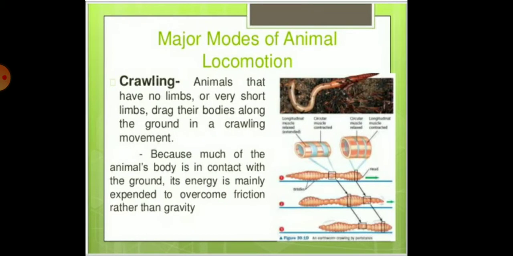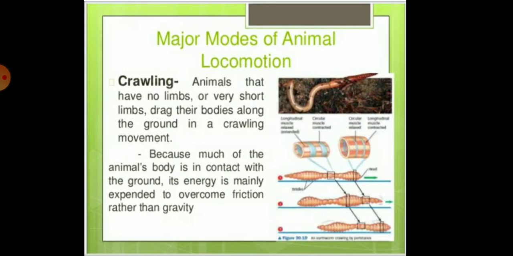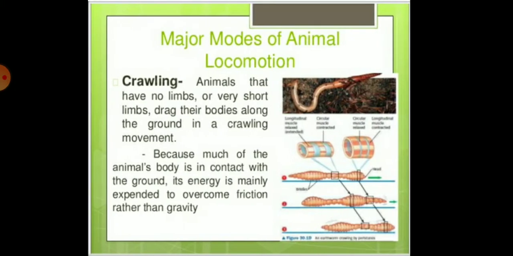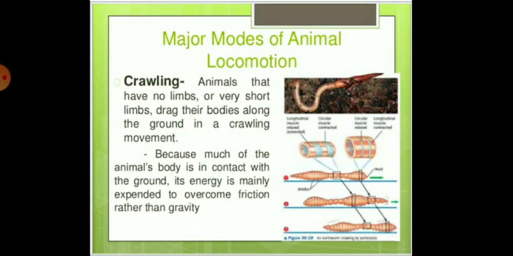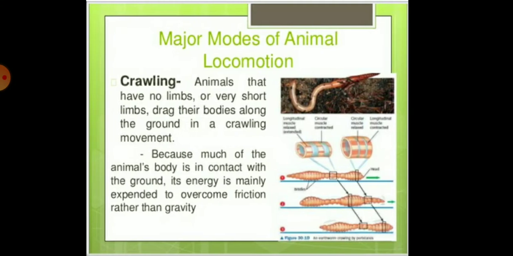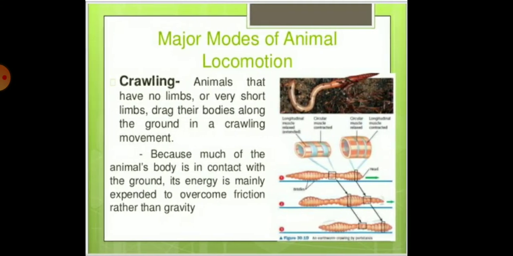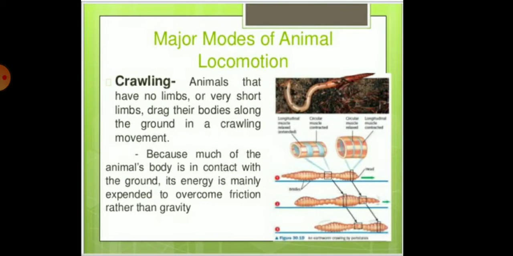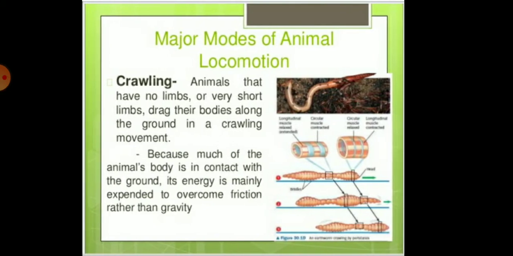This is due to the contraction and relaxation process. Relaxation is also called expansion of the body muscles, so locomotion in the earthworm is brought about by the contraction and relaxation of the body muscles.